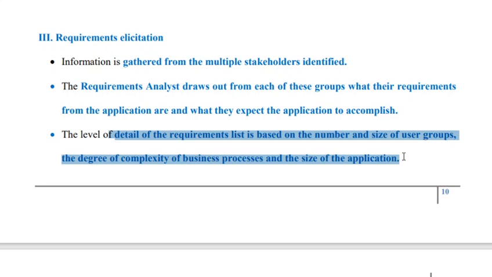Whenever you are trying to elicit requirements, you need to gather requirements from multiple, different stakeholders.